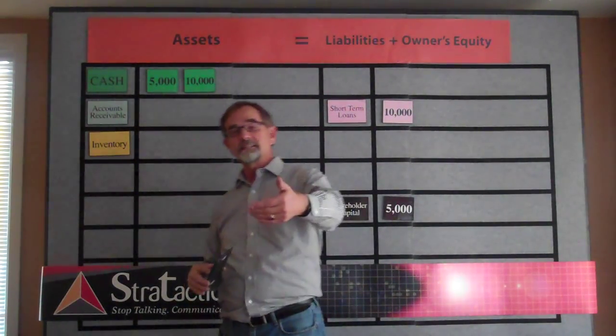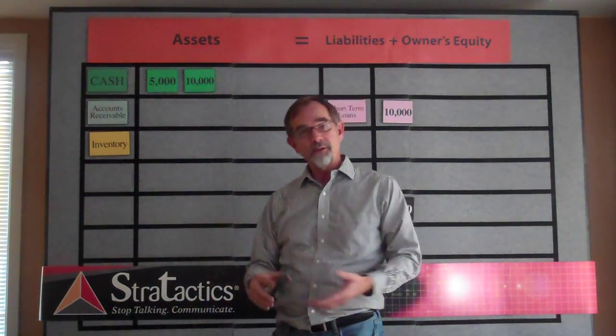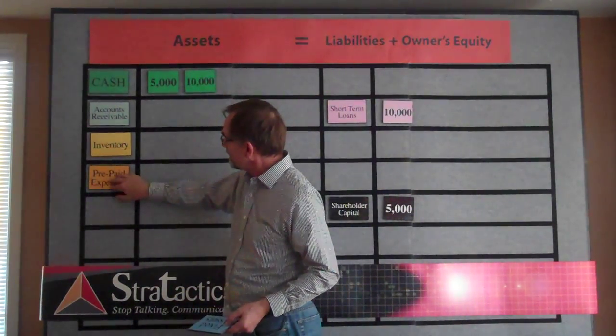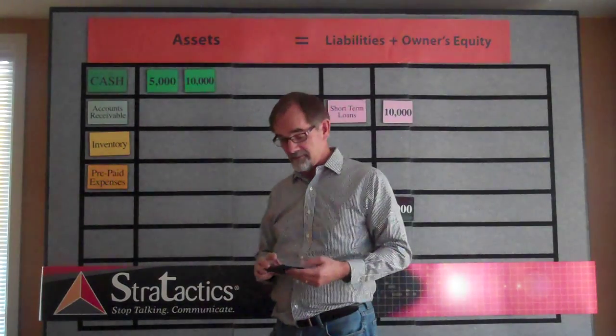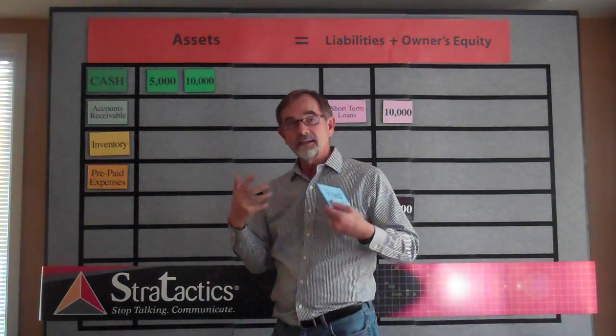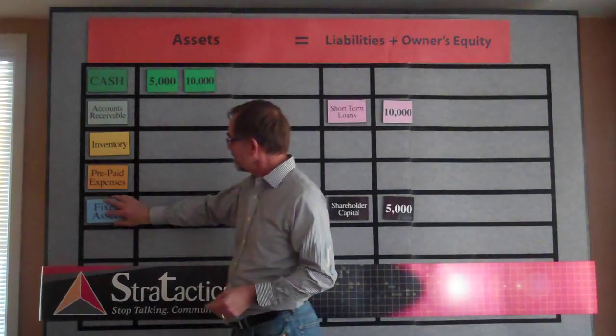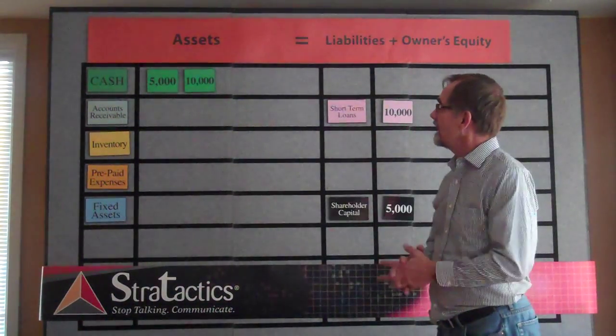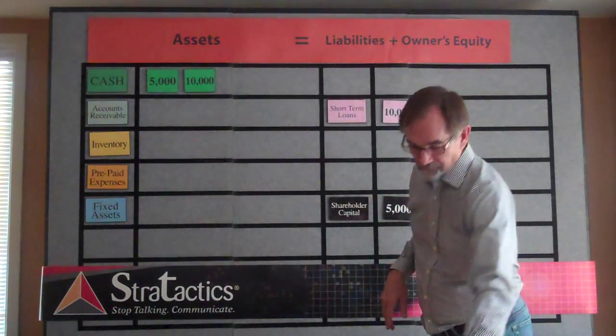If you purchase things like insurance or maybe pay rent in advance, if you pay for those in advance, you're going to have an asset called prepaid expenses. If you buy buildings or equipment, you'll have fixed assets. So those are some examples of assets on the balance sheet.